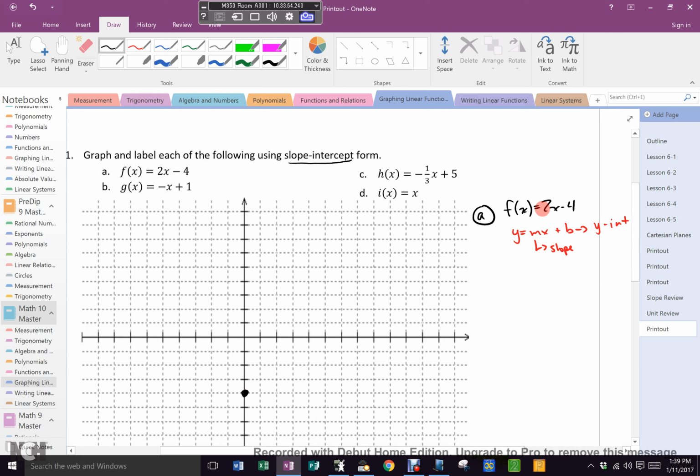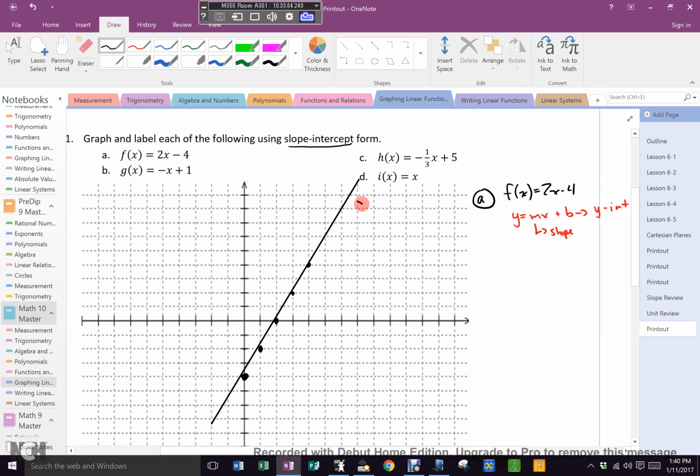And my slope is 2. So I go up 2 and run 1, up 2, run 1, up 2, run 1, up 2, run 1. And then I connect the line. That was a badly connected line. I connect the line.